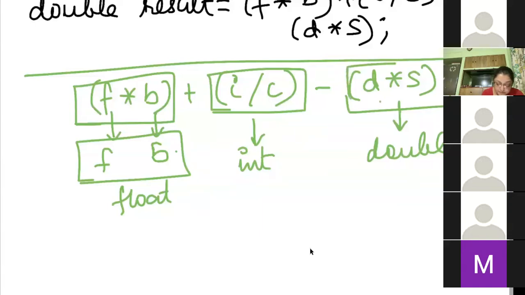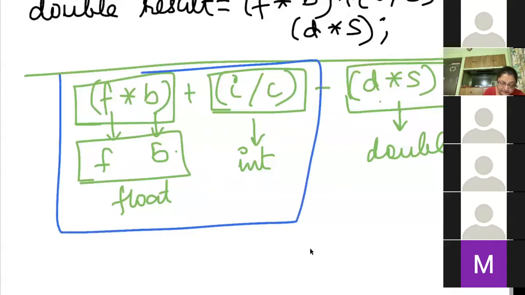Now we have the types of these, and we get to the second round. In the second round, we evaluate F into B plus I divided by C. I have float and int. What will be the type of this expression? Float, ma'am, it will be float.